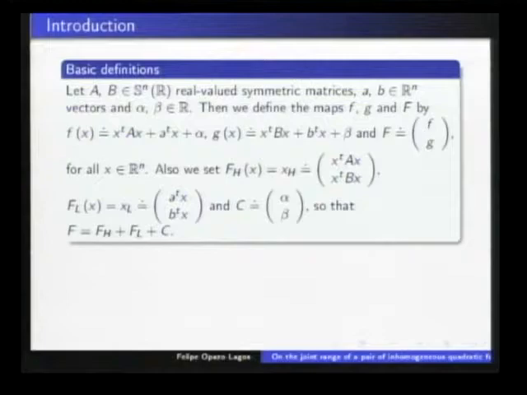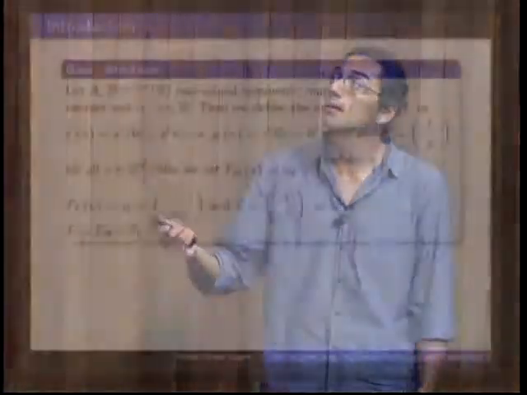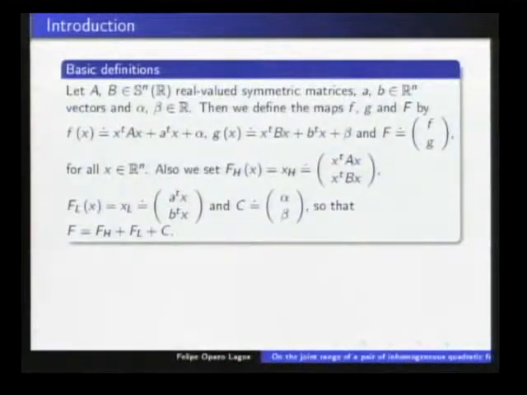The study was born from the fact that there are several Farkas-type lemmas in the literature about quadratic forms. You know the classical Farkas lemma about systems of linear equations, but in this context of quadratic forms or quadratic functions, it was very hard to get such results.